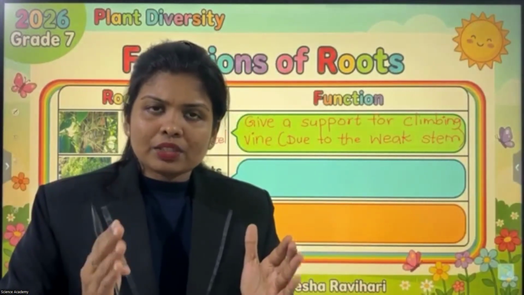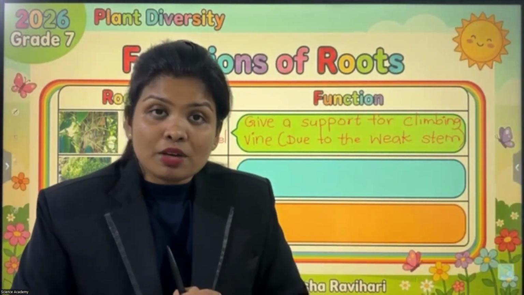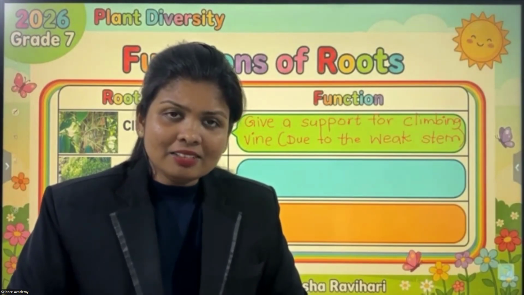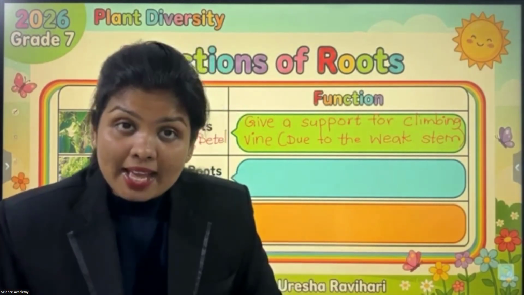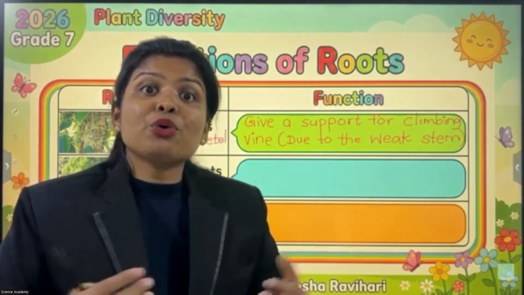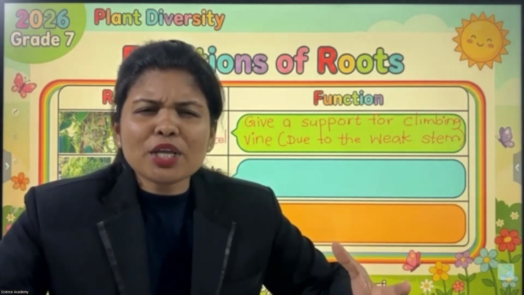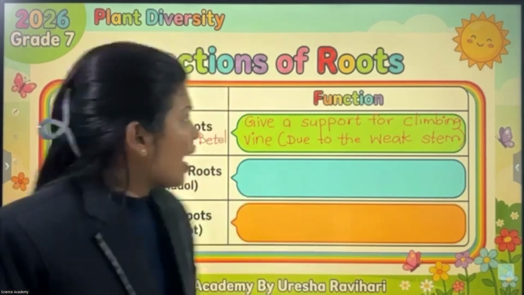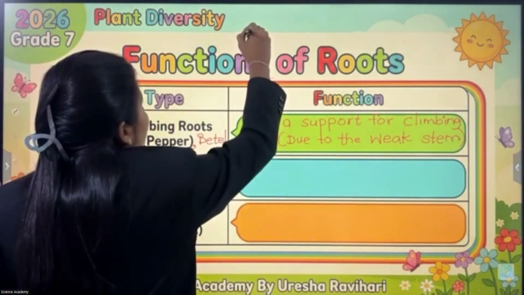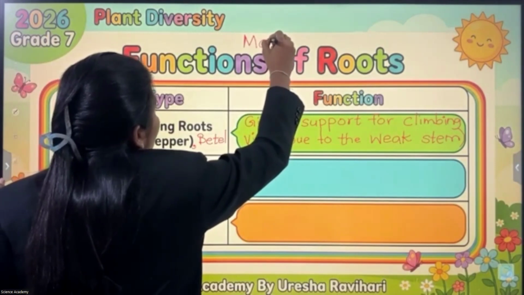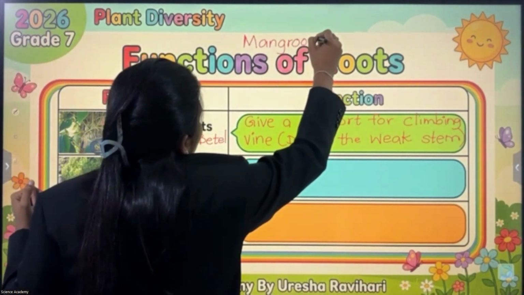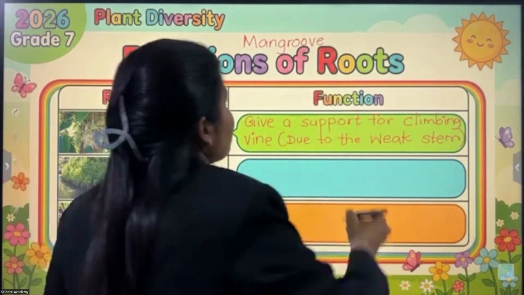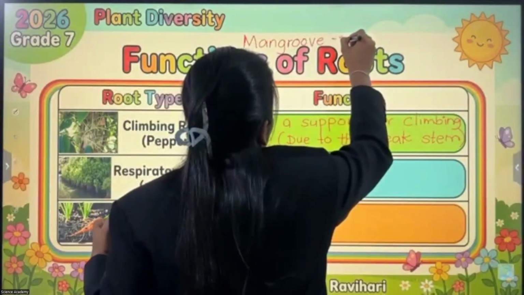I told you, in plants of marshlands and near either sides of river banks, and mangrove ecosystems. Mangrove ecosystem means what? Mangrove ecosystem means children, Kadolana parisara.